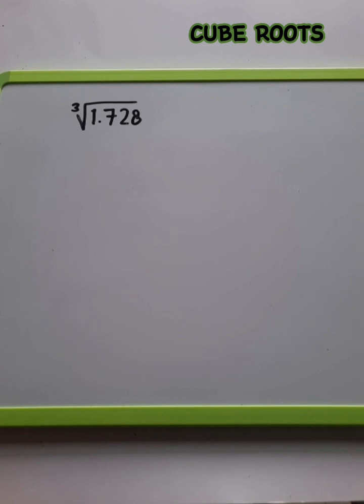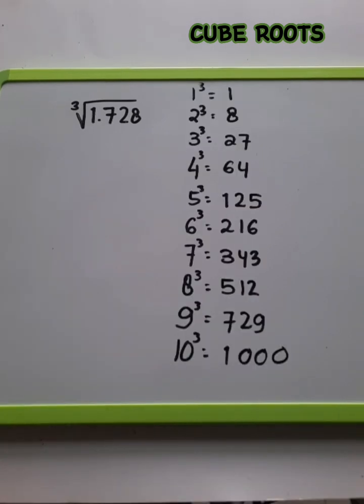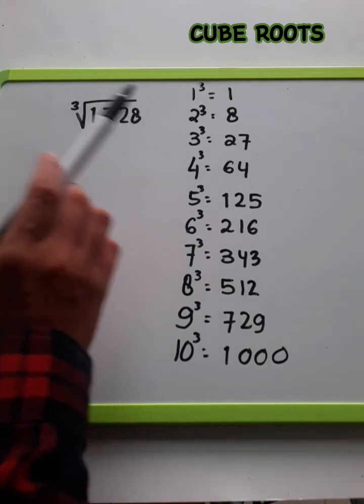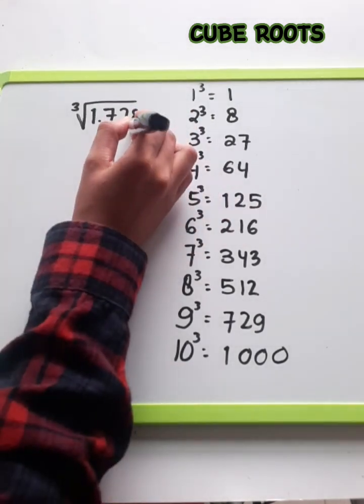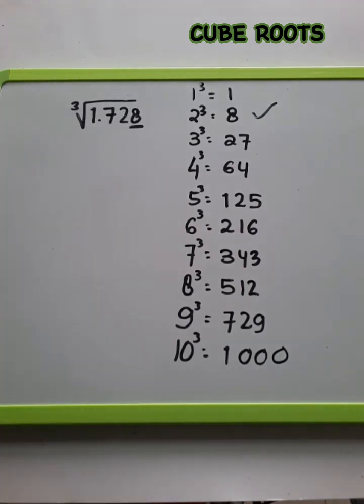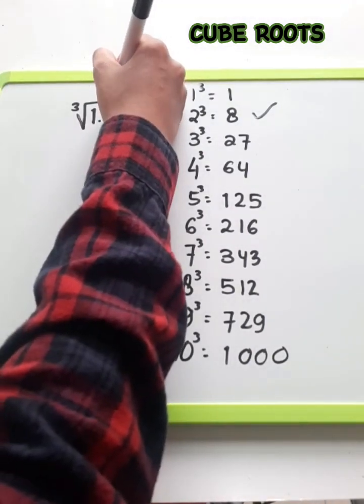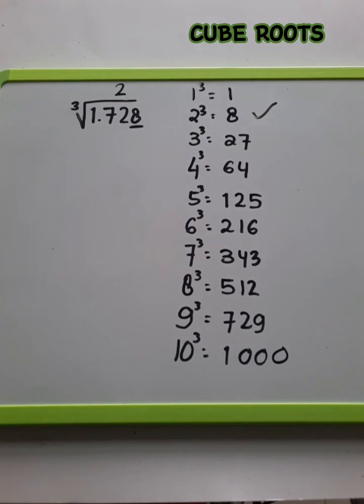Now we already know the perfect cubes 1 until 10. Look at the unit digit. What is the unit digit of this number? Yeah, it's 8. Which perfect cube has unit digit 8? Yes, it's 2. So the unit digit of the result will be 2.